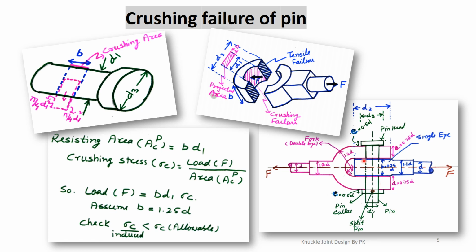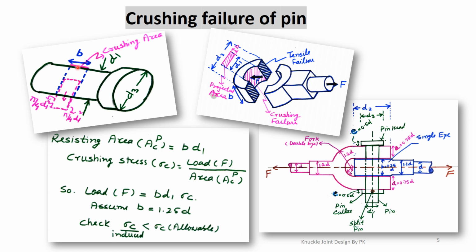This pin is in contact from this cylindrical surface with the single eye, and from here it can fail in crushing. If we analyze the pin, it is failing in crushing mode from this surface, and this is a cylindrical surface whose diameter is d1 and whose width is equal to b.